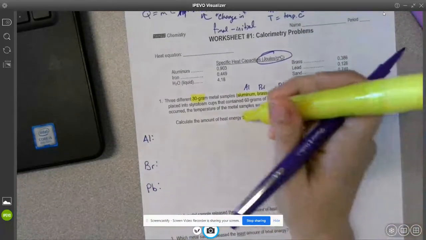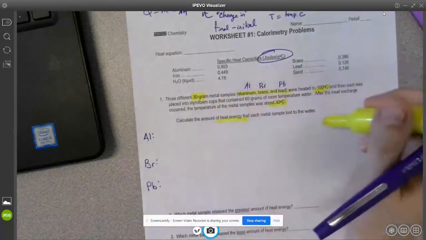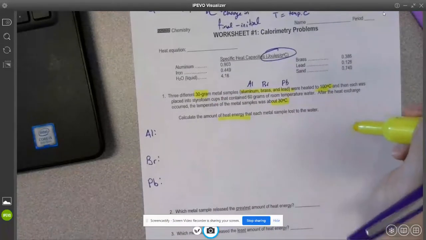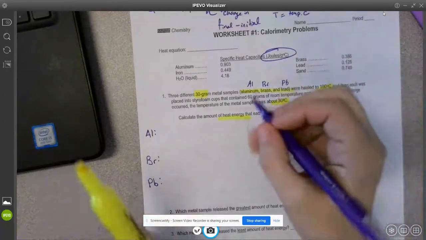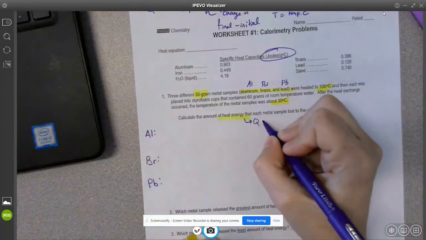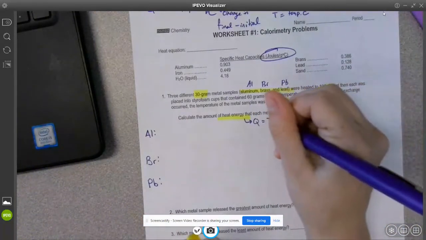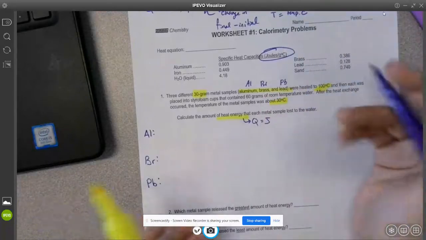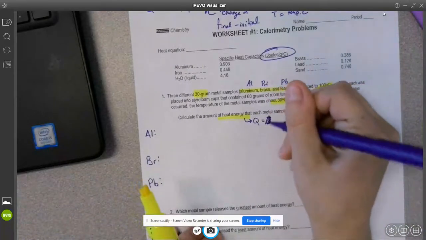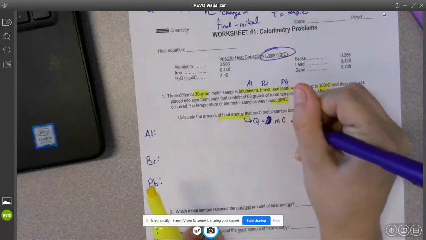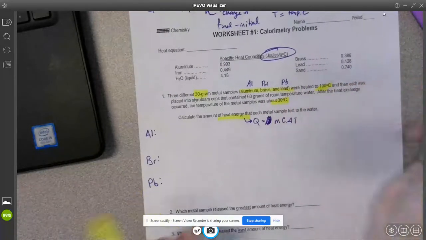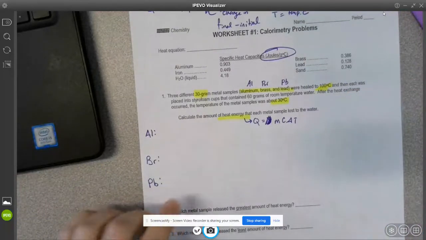So calculate the heat energy that each metal sample lost to the water. So again, heat energy, that means you are looking for Q, which is generally measured in joules. So Q is technically going to be MC times delta T. Okay, so let's start calculating this out.